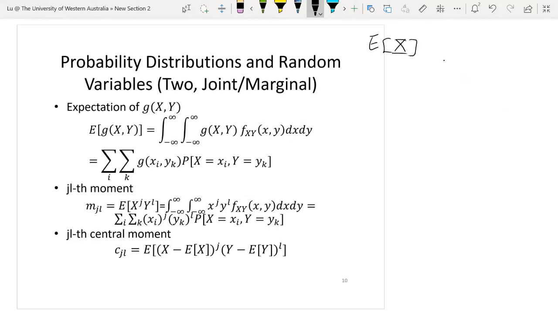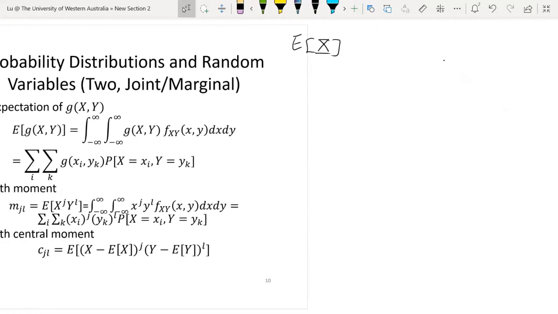The expectation operation is one integration of whatever you have in this operator. So we put X here, for example, and then multiply by the PDF of the random variable, then integrate from negative infinity to positive infinity. We learned this last week.